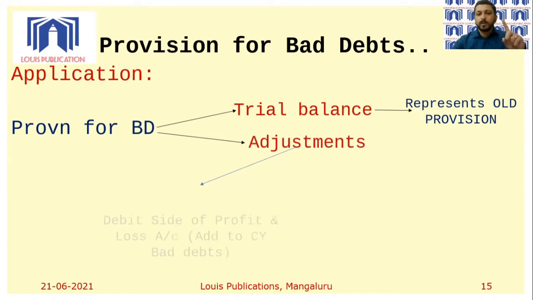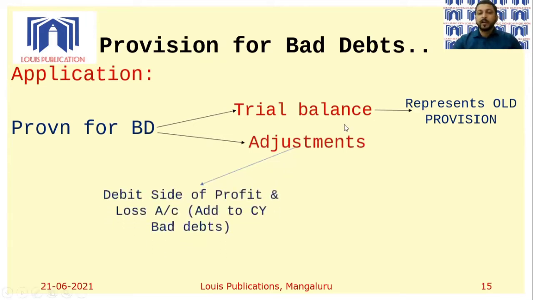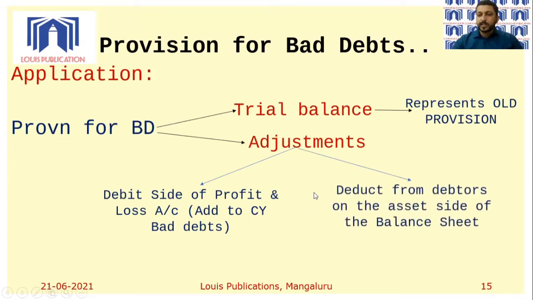One effect will be, we will show it on the debit side of profit and loss account. We are going to add it to current year bad debts. And the second effect is, we are going to deduct it from debtors on the asset side of the balance sheet. Remember, this deduction from debtors is only a book adjustment. Debtors value is not really deducted because we don't know which debtor's debt is bad and doubtful.